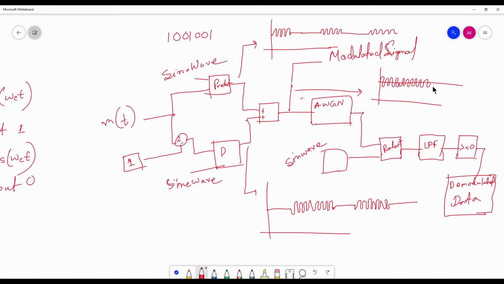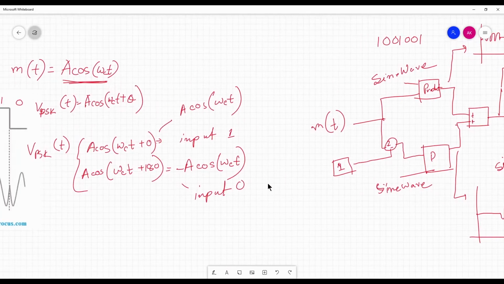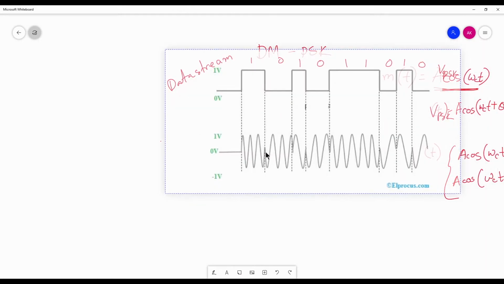Okay, then again 1, so it will start from here, so actually it will look something like this data. This will be the pattern.